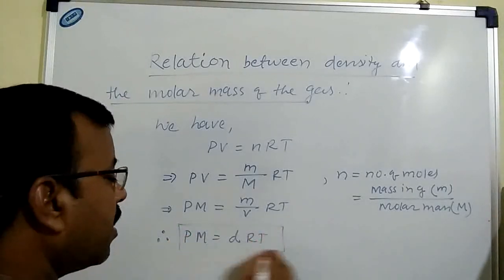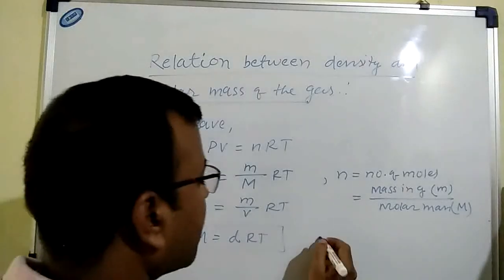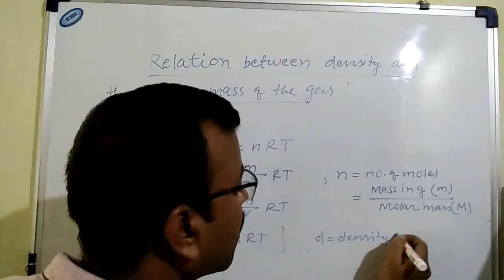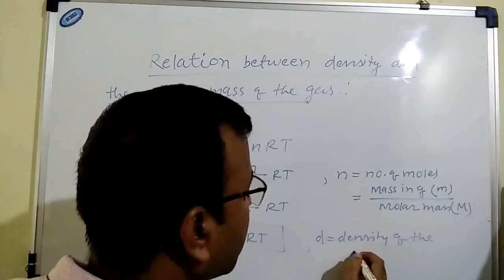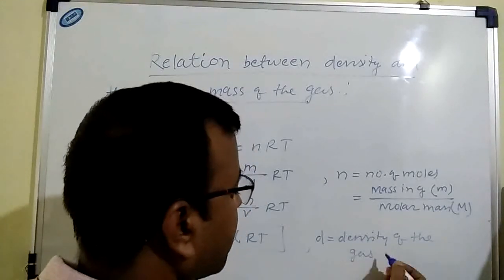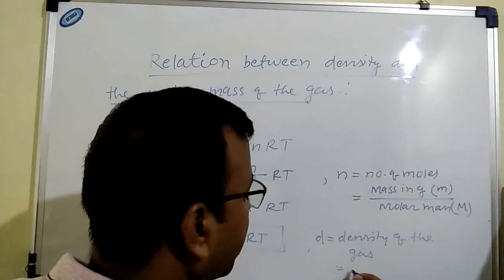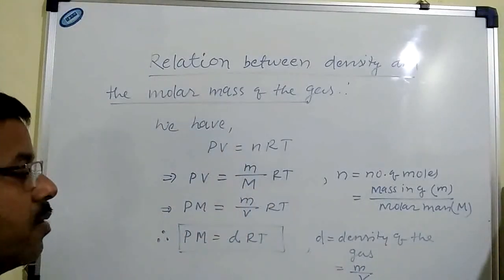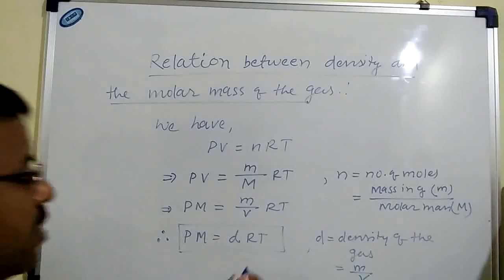Now what is d in dRT? d is the density of the gas, which is equal to small m by V, mass per unit volume. So this is the relation equation.